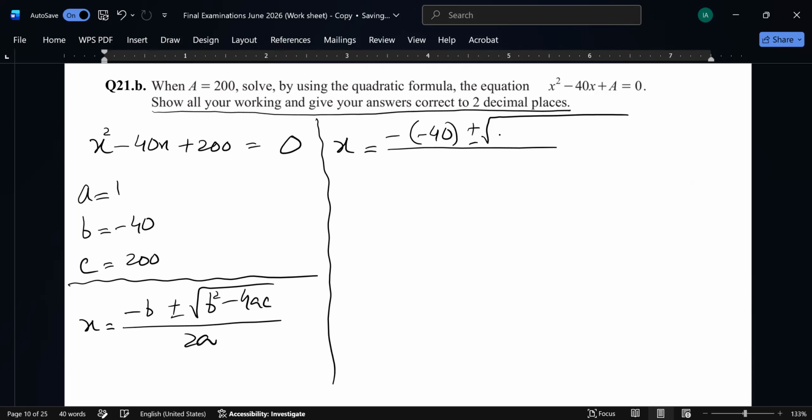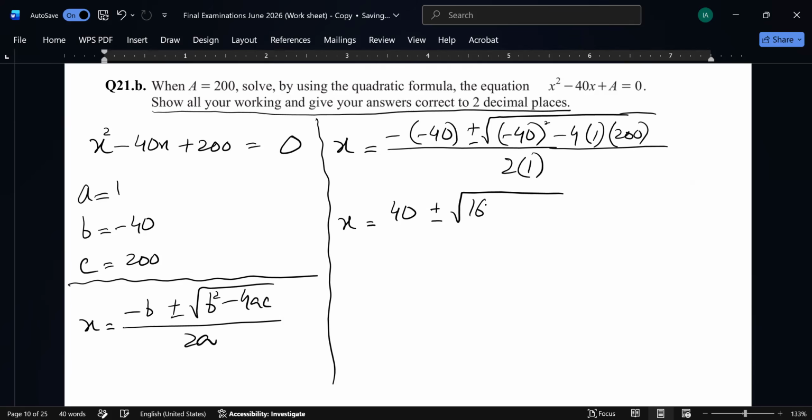So b squared, yes, we are very close to the solution, and c is 200. And we have 2a, so a will be 1. So this is going to be 40, this will be 1600 and this is 800.